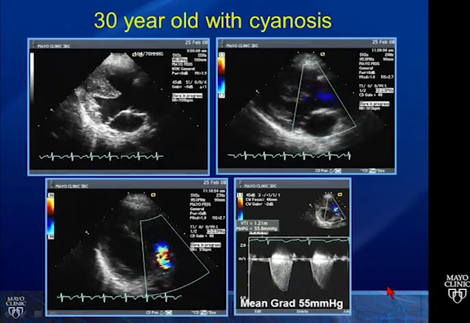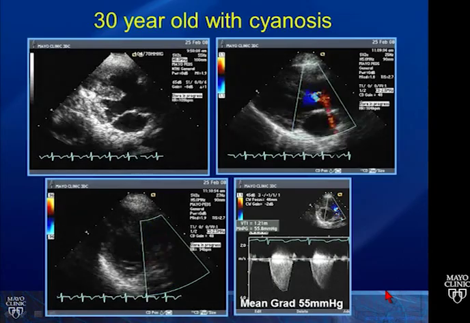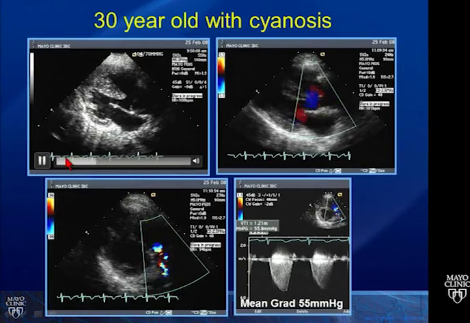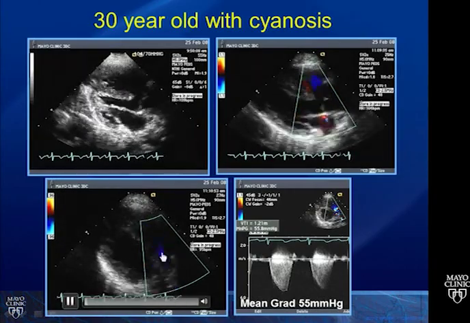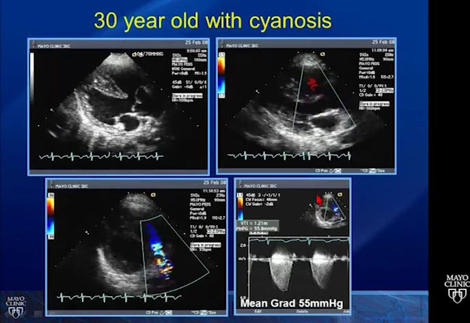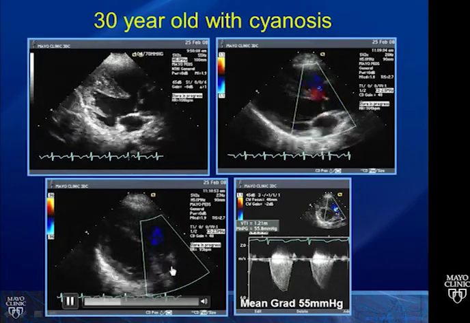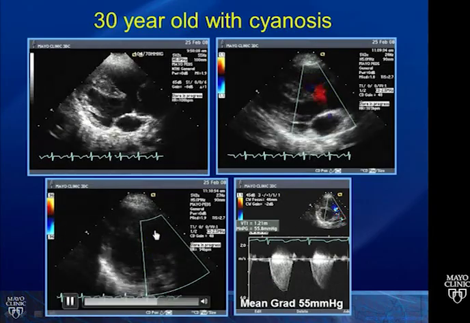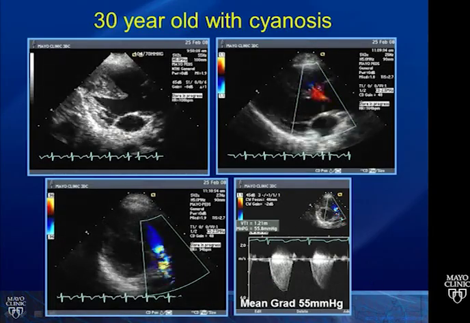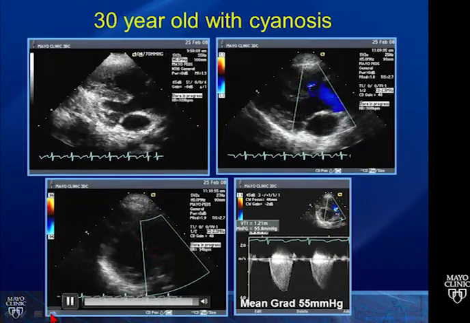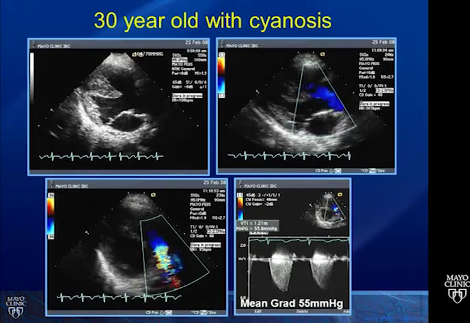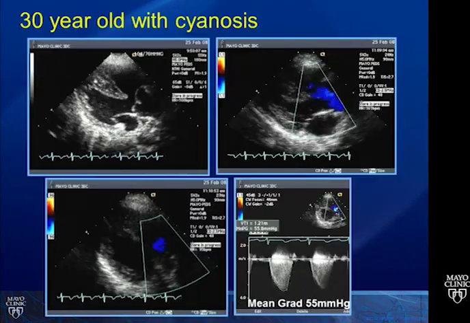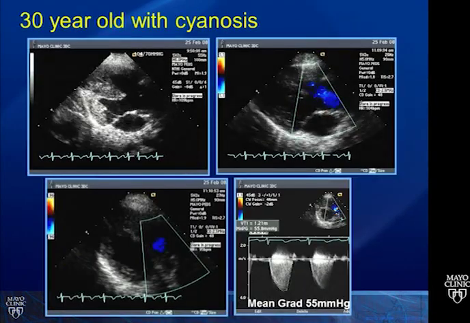And you can see several key views, parasternal long axis with color and two-dimensional, and a tip-up view with some continuous wave color flow and then continuous wave Doppler in what would be the vicinity of the pulmonary valve. Why don't you go ahead and take another look while you're keying in your answers on this one?